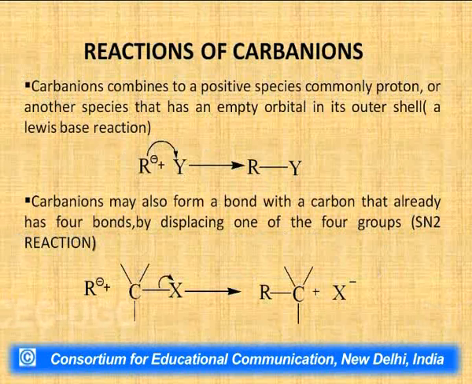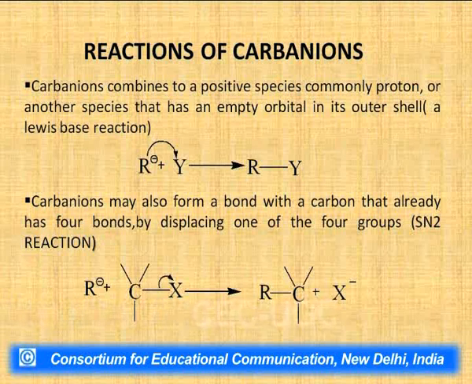Now the reactions of carbanions. A carbanion combines with a positive species, commonly a proton, because it is a negatively charged species, or another species that has an empty orbital in its outer shell. Second, a carbanion may form a bond with a carbon that already has 4 bonds by displacing one of the 4 groups.